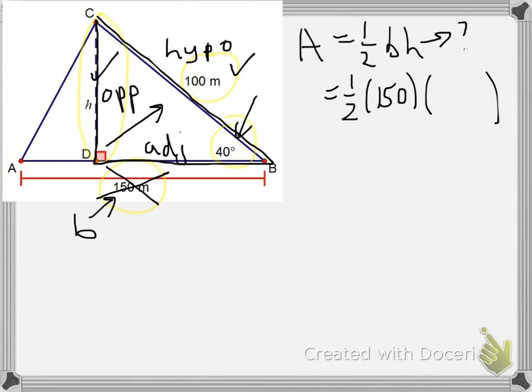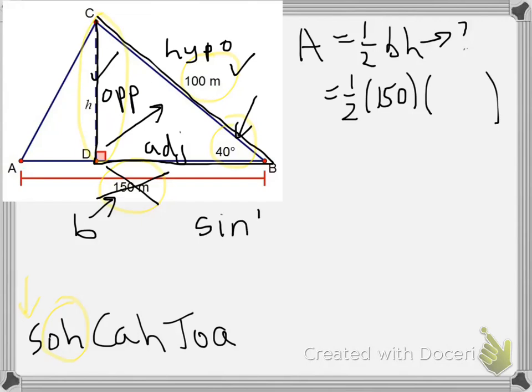So which SOHCAHTOA? Well, it turns out that opposite and hypotenuse is the sine. So we're going to use the sine. To get h, we write the sine of 40 degrees is opposite, which is h, over hypotenuse, which is 100.